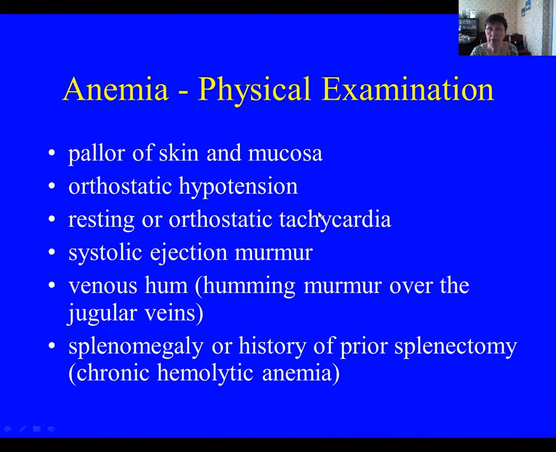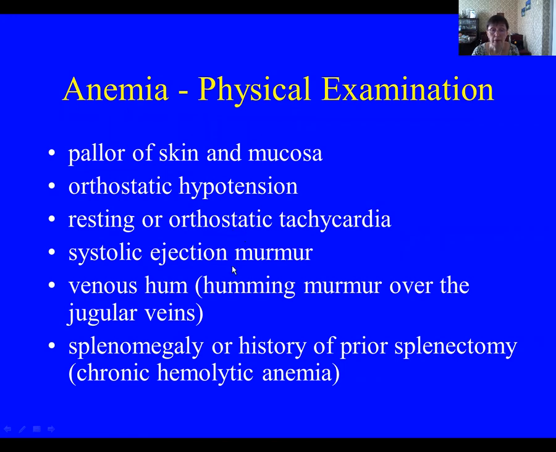And then we proceed with physical or objective examination of our patient. First of all, we pay attention to the pallor of skin and mucous membranes. Then we check for hypotension and tachycardia, at rest or in the orthostatic case.